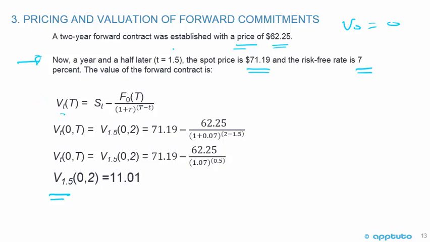The value at small t equals the spot price minus the present value of the future price, okay? So you can see our spot price is $71.19. We have our futures price of $62.25. And here's how we do the present value. It's 1 plus r, 1.07, to the power of big T minus small t.